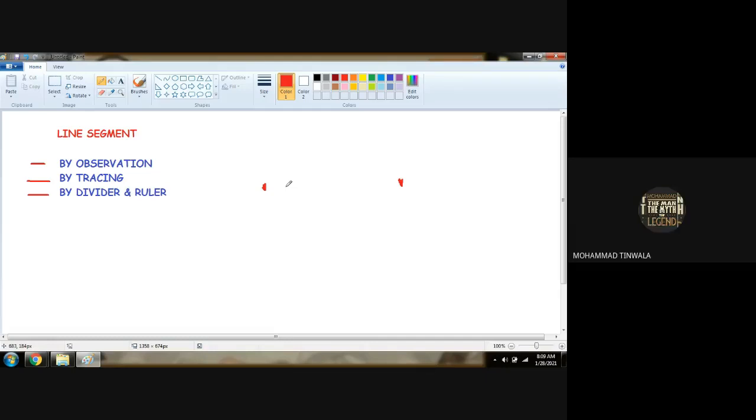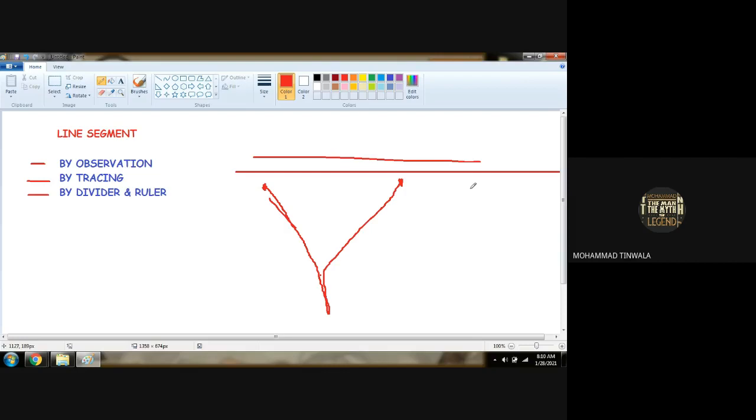In Gujarati we can say parikar. Along with that, there is another instrument given which has a sharpened end, and it is same as rounder, like this. So we can open both the points and we can measure it with the help of scale. You will get accurate measurement of the line segment.